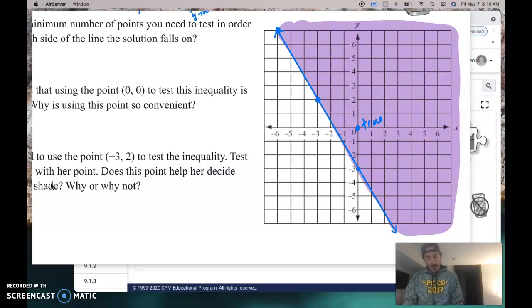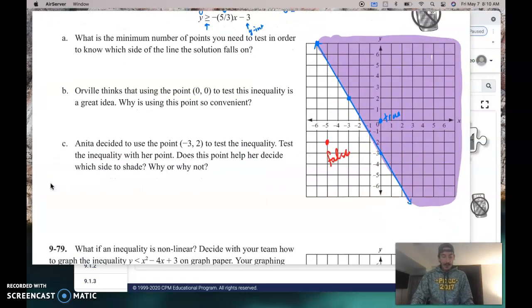If I was going to test any point over here, say this one right here, it would give me a false inequality, so we're not going to shade anything on that side of the line. They ask in this problem, why is 0, 0 a convenient point? As I already mentioned, it makes the math easy. Plugging in 0 for x and 0 for y makes our math so nice.